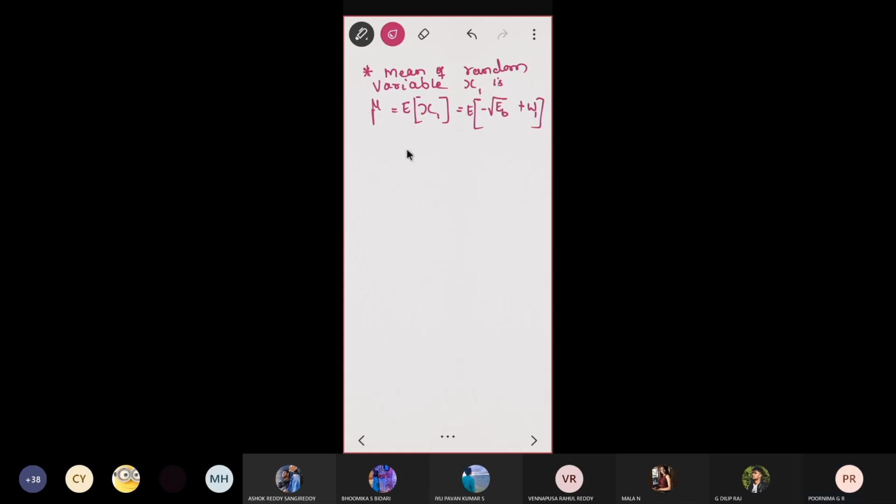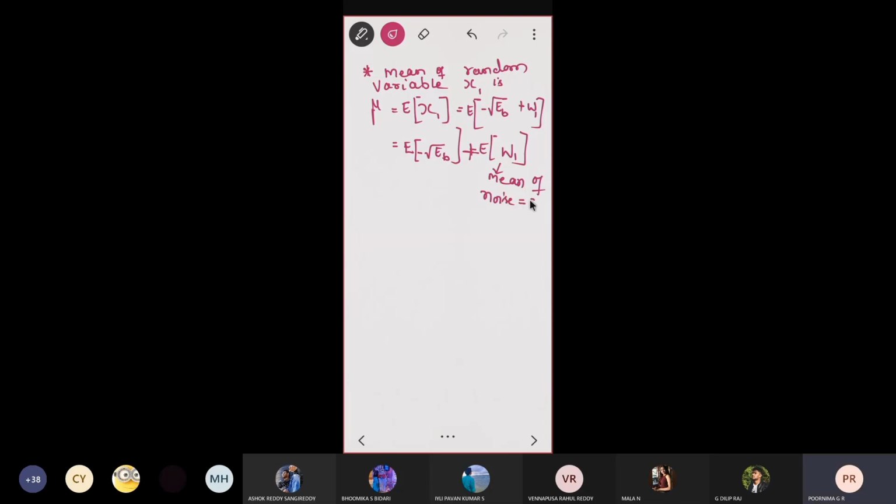This is equal to the expected value of minus root Eb plus the expectation of W1. What is the mean of noise, the additive white Gaussian noise?